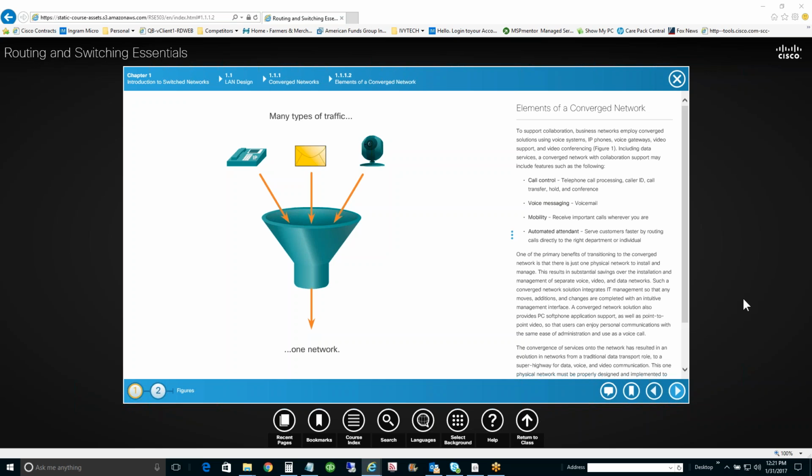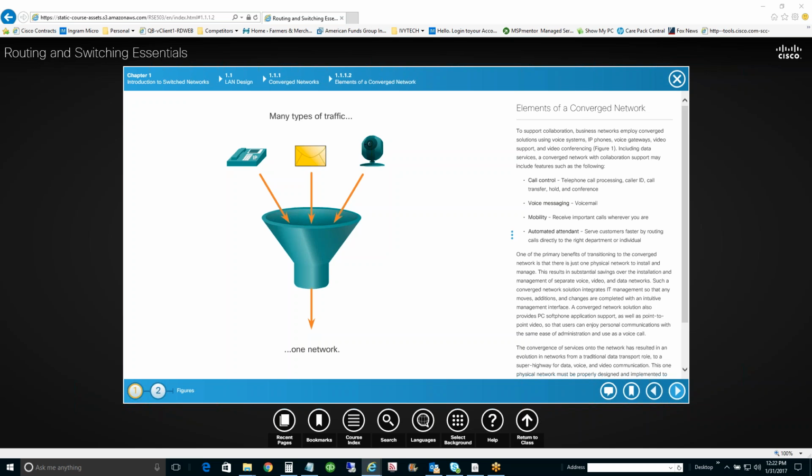There are some advantages to a converged network. It's just one network to manage, which makes it easier for the organization. It reduces overall cost because you're not looking at redundant cabling infrastructures, and it can provide additional functionality. When voice and data were on separate cabling infrastructures, integrating voice with applications became very difficult, as well as video.